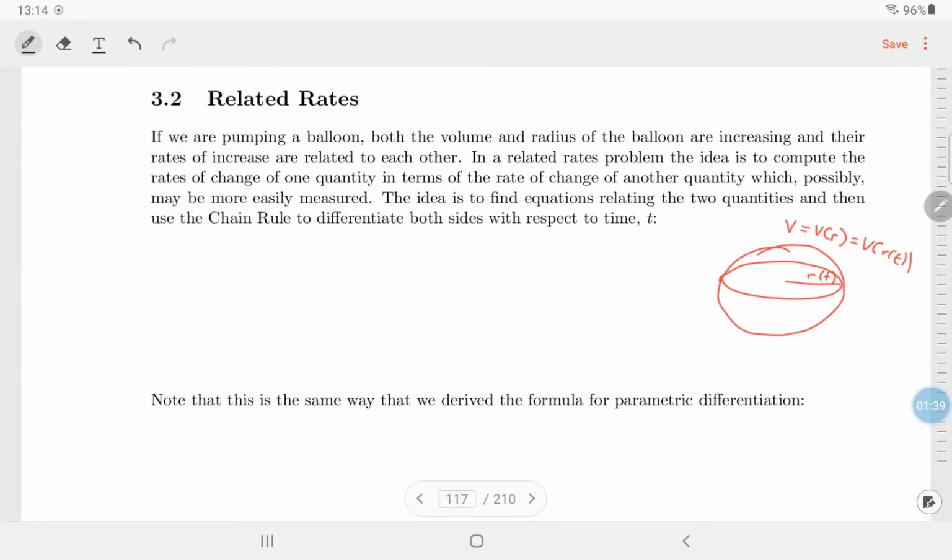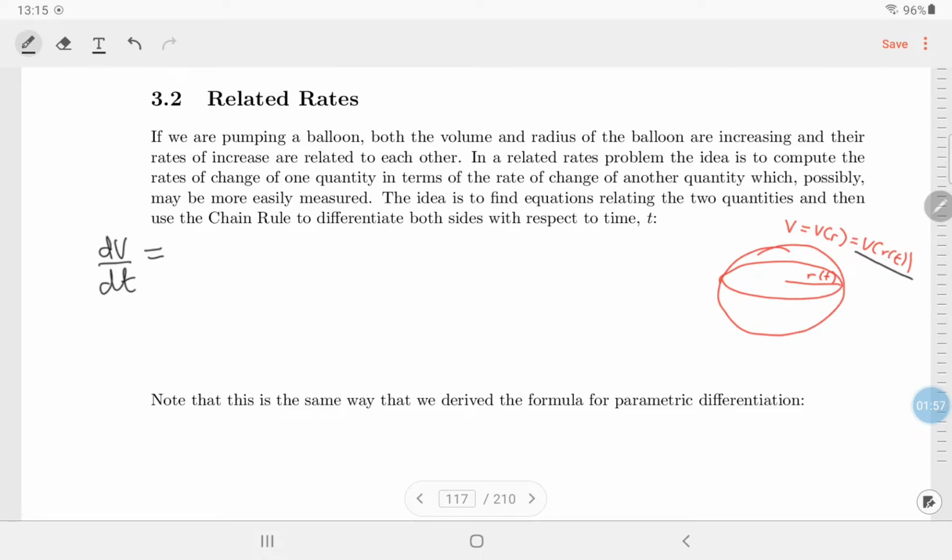So what we're going to say is the derivative of volume with respect to time. So we'd have to differentiate this thing. Now there's an outside and an inside, so that means you need to use the chain rule. The chain rule says differentiate the outside.